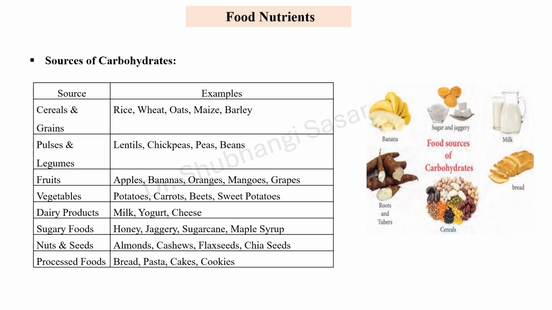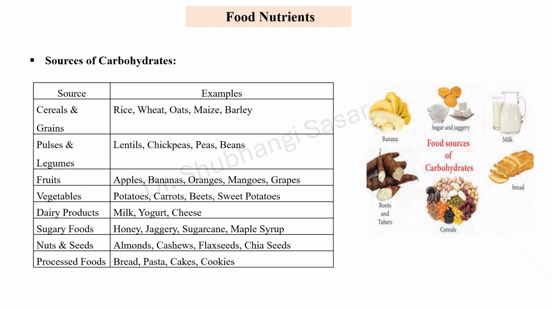Vegetables such as potatoes and sweet potatoes. Some dairy products also contain carbohydrates, sugary foods like honey and jaggery, as well as nuts and processed food like bread and pasta. These are the major sources of carbohydrate. Among these sources, cereals are considered the major source of carbohydrate in the Indian diet.